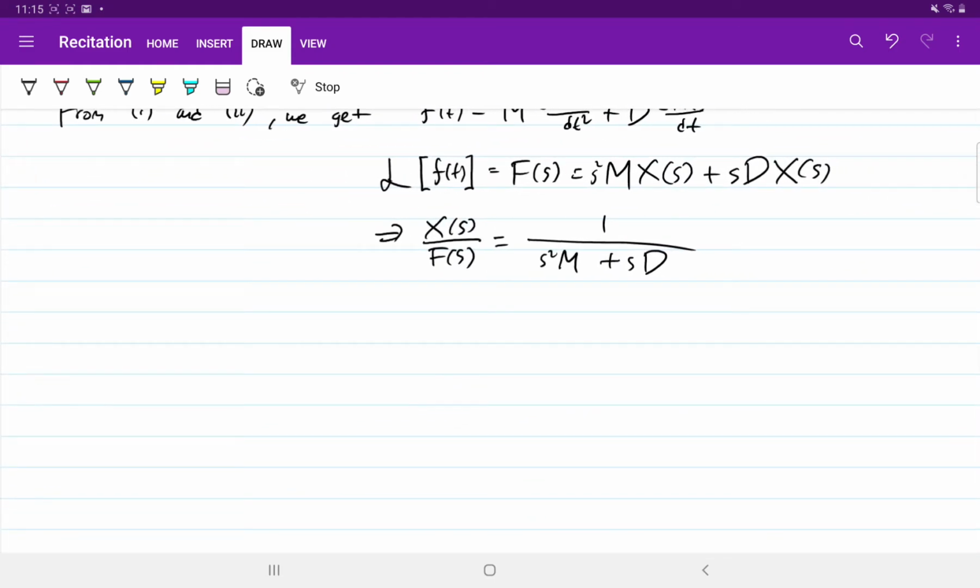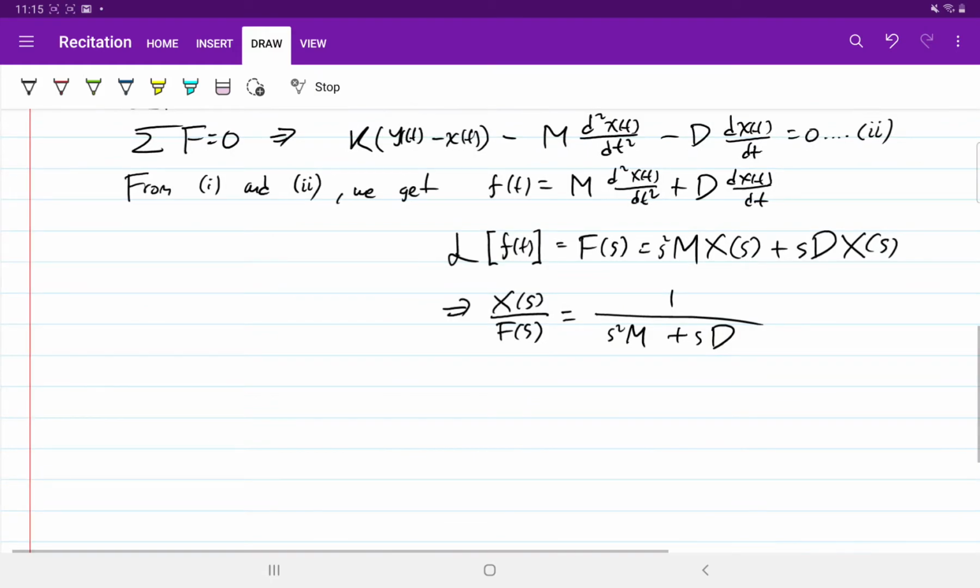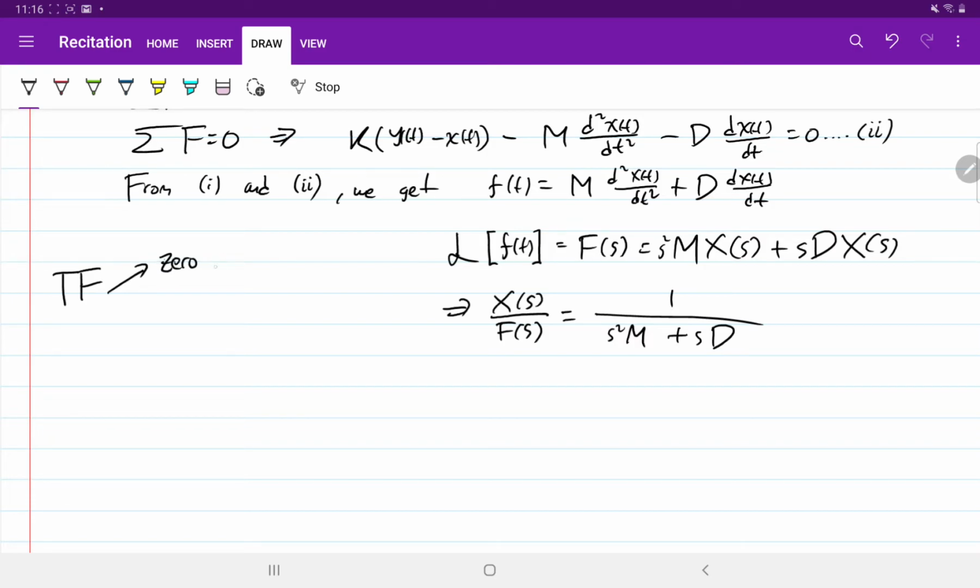Actually, I need to mention that when you are deriving transfer functions, you have two assumptions. First, for transfer function, we are assuming that the initial conditions are all zero. So when you are deriving transfer function, always remember that you are assuming zero initial conditions. And also you need to write the transfer function in a standard form.